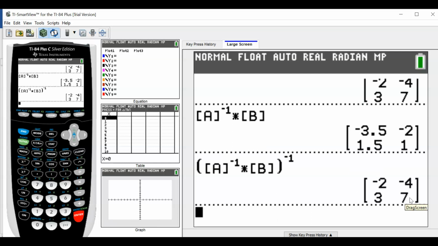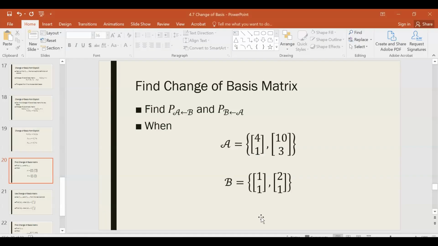And yes, I do. So again, these two matrices should be inverses of each other because obviously one takes us from A to B and the other takes us from B to A. And there we go. Now, once we've found these, then we can use them to solve problems.